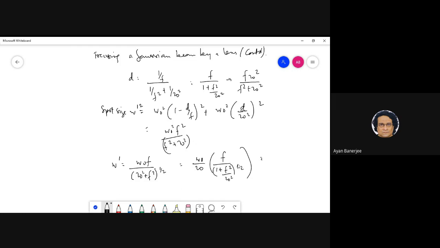Okay, so let us write this w naught properly. Sorry, z naught is pi omega 0 squared by lambda. So this one basically becomes lambda f by pi w naught times 1 by 1 plus f square by z naught square, to the power half. Now we of course say that typically z naught is much greater than f.